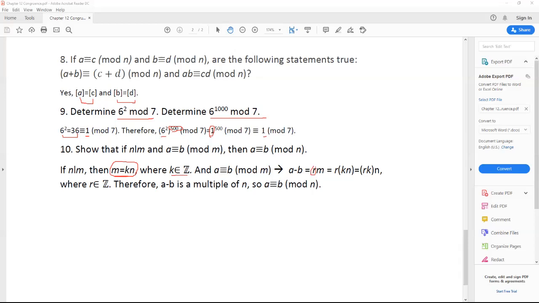So let's let a minus b equal to rm. Again, a minus b is just a multiple of m, and we know that m is equal to kn, and then using the associative property, we can see that a minus b is just a multiple of n. And if a minus b is a multiple of n, then a is equivalent to b mod n.